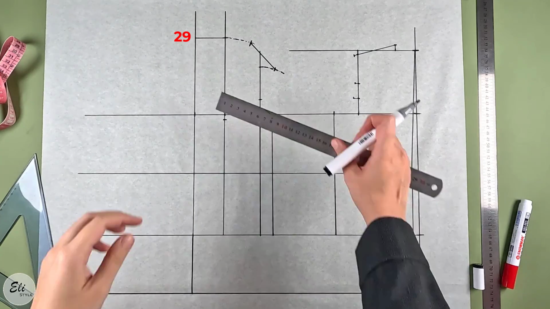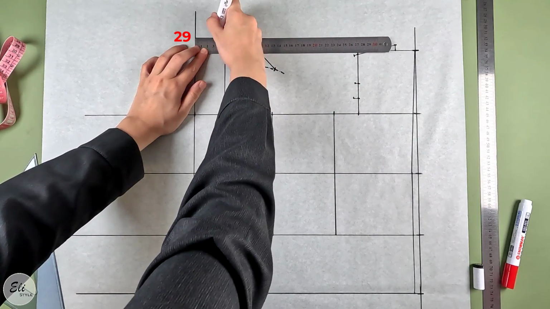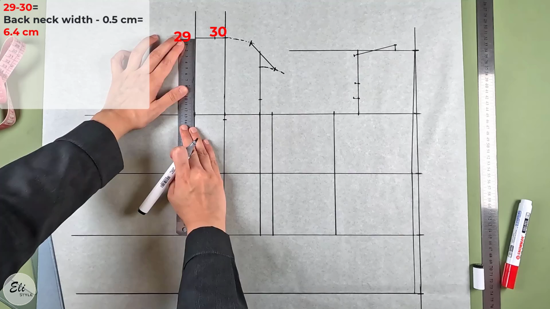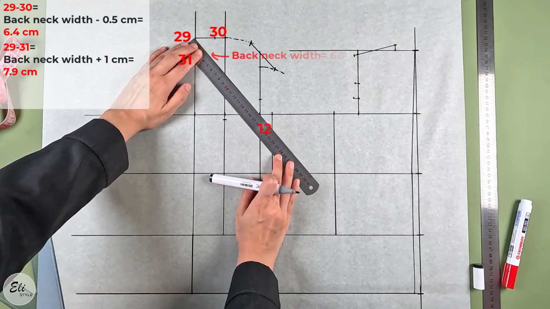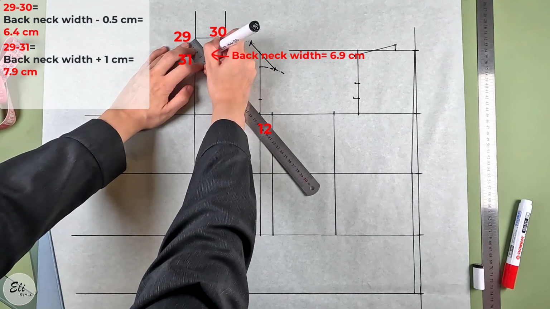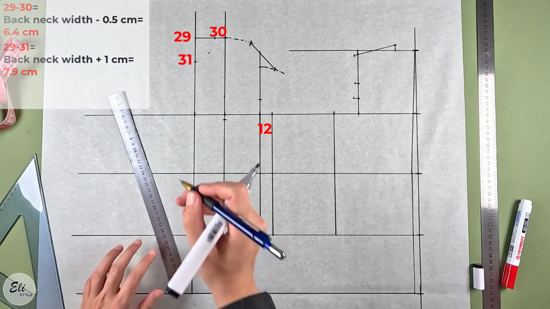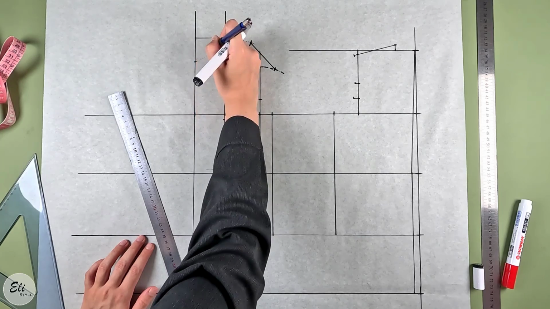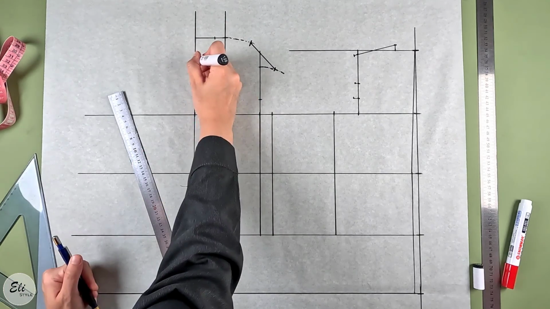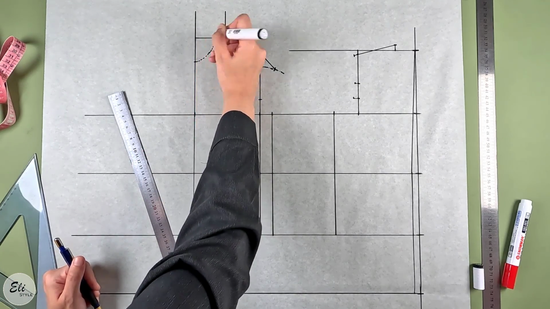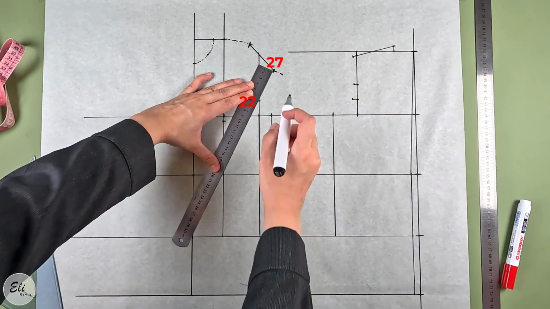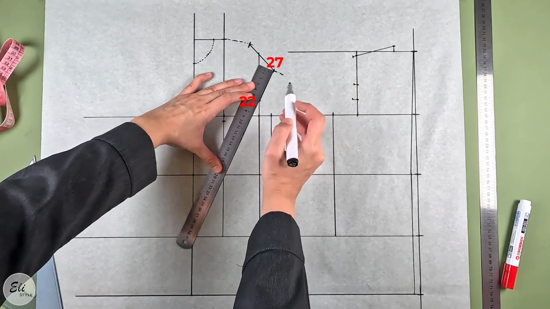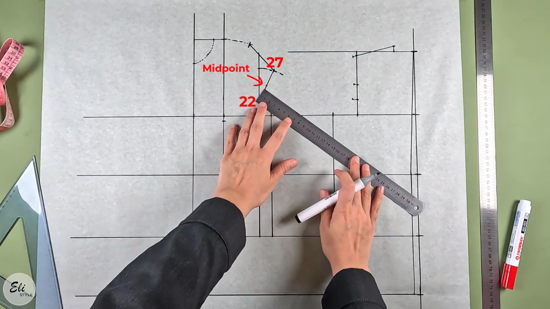Now you can design the front neckline curve. Connect point 27 to point 22, and after determining the guide points, draw the armhole curve.